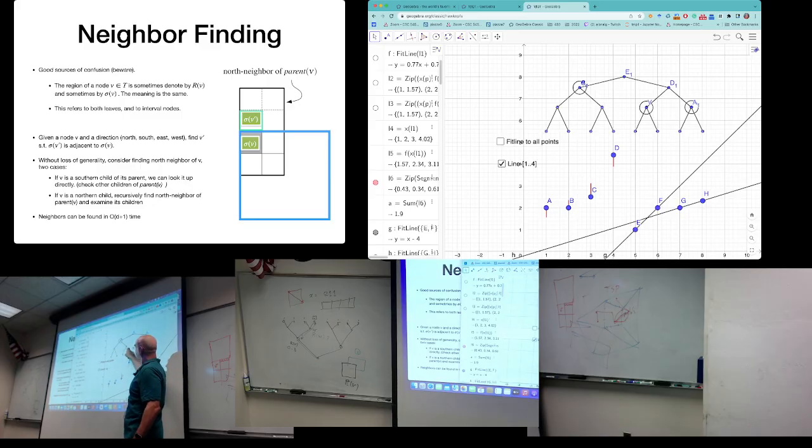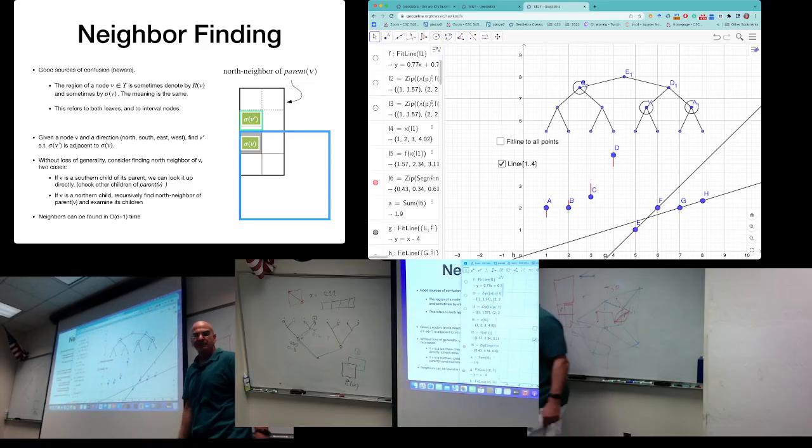If not, then if I'm here and I want to ask who is my neighbor to my right, you need to go possibly all the way up until you can finally start to branch to the left. So this guy, you have to go all the way to the root to find your neighbors to the right. From this guy, you have to go to the grandparent to find your neighbors to the right.